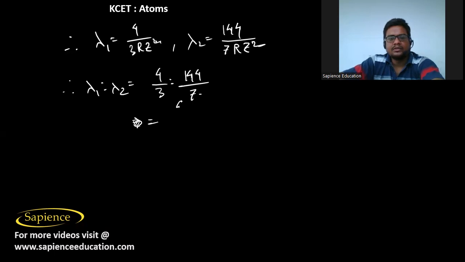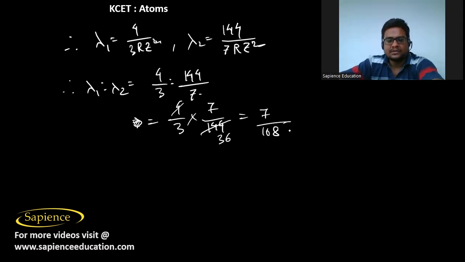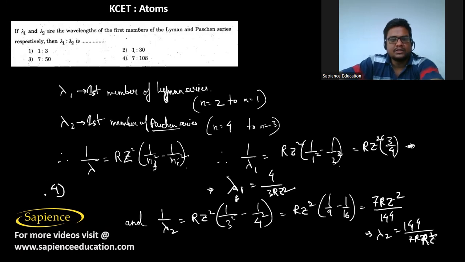That will be actually 4 by 3 into 7 by 144. 4 3s are 12, 12 9s are 108. So 7 by 108. So therefore lambda 1 is to lambda 2 equals 7 is to 108. So option 4 is the correct answer.